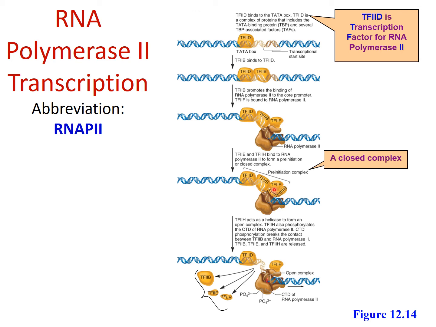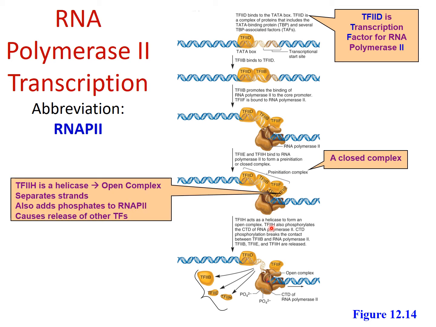All right, so there are some interesting things that happen here. TF2H is a helicase, and it's going to start unwinding DNA. It also starts to add phosphate groups to the carboxy terminal domain, that's what CTD stands for, of RNA polymerase 2. And this will help to break contacts between some of the other factors, and you'll get release of those factors. All right, so this is the action of TF2H.